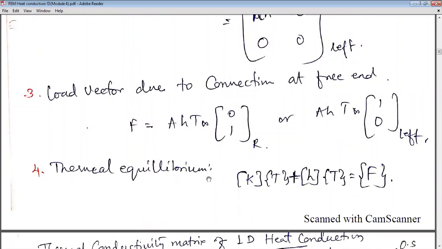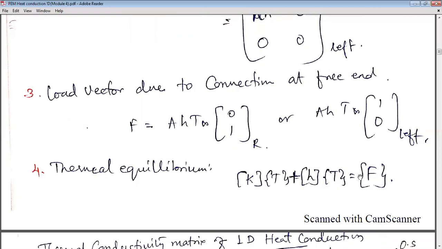So thermal equilibrium, what is thermal equilibrium? In structural equilibrium, you have Ku equals F, the equation of structural equilibrium using the potential energy approach. You would have observed K stiffness matrix, U displacement vector, F force vector. Here it is the thermal conductivity matrix, T the temperature vector, and F is not the structural load, it is the thermal load.